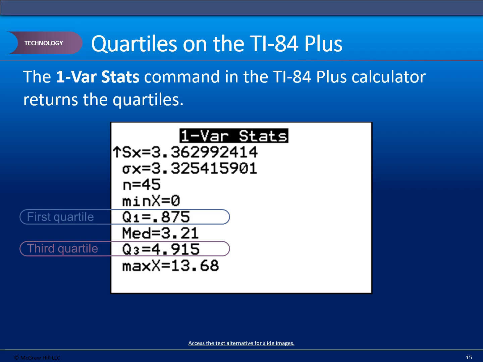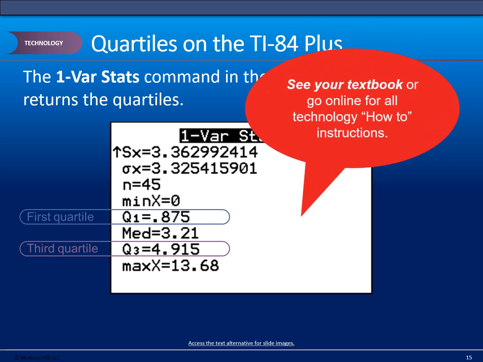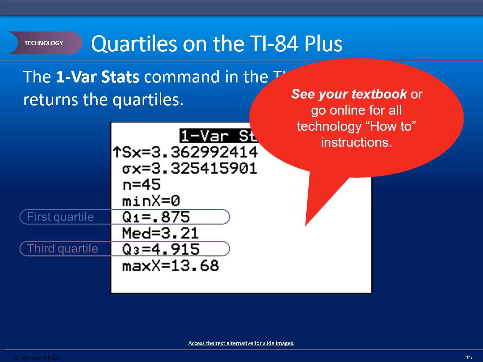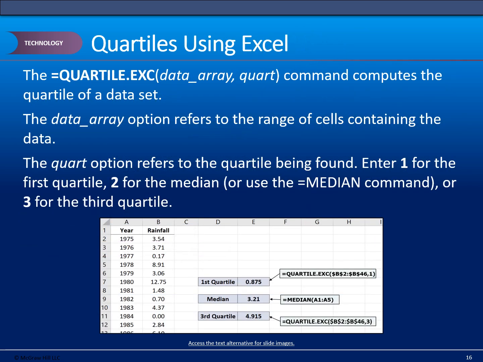This is a close-up of the TI-84, and you can see you've got the quartile 1, you've got the median, which is quartile 2, in between them, and of course the third quartile. And here you see it with Excel.